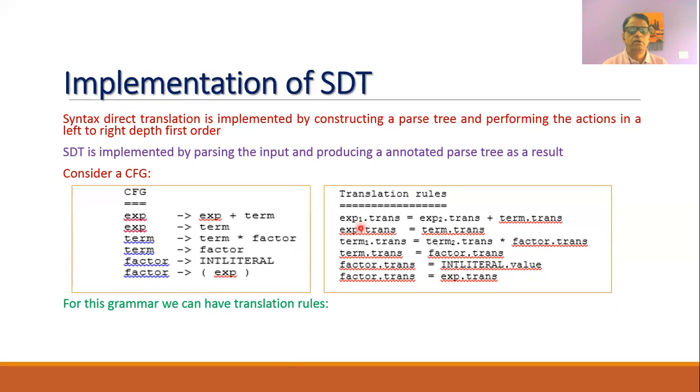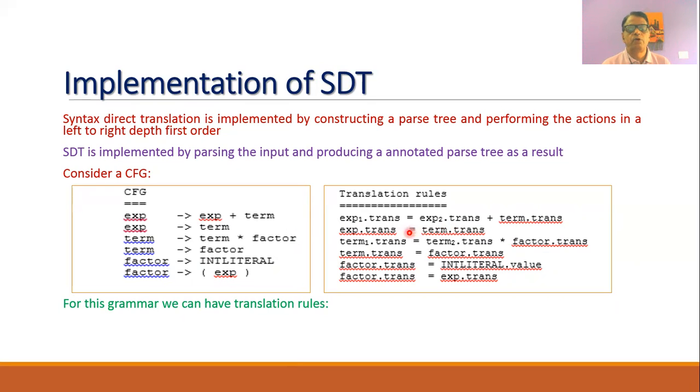Since this production rule consists of two expression symbols, the left hand side expression is called expression 1 and the right hand side expression is called expression 2 in order to differentiate between these two expression symbols.